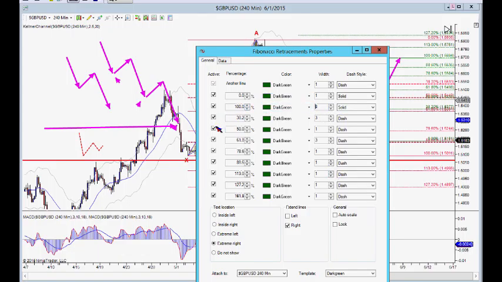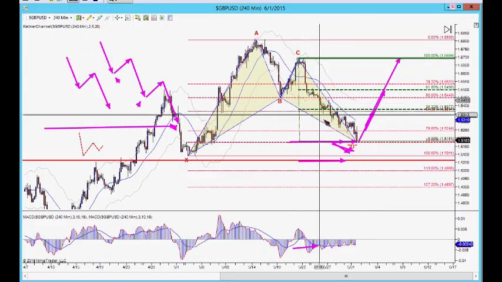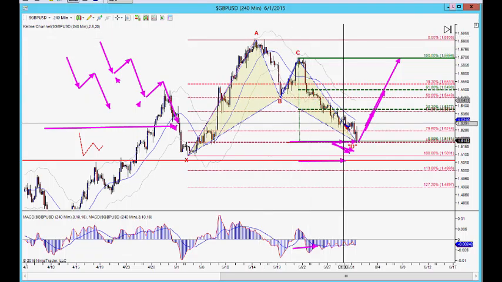Okay, everything else, we're just going to remove that. Remove all this other stuff. And everybody has their own targets and how they like to play it. But essentially, your first target from your 886 will be 38% from that C to D leg back up. Some people do it from A to D. It's whatever you want.